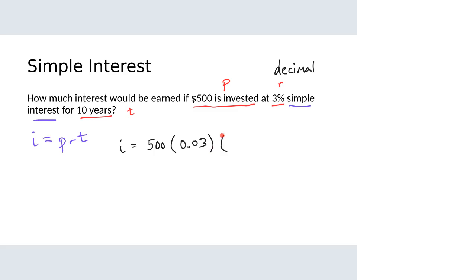And then time is 10 years. And now to finish this up, all we need to do is multiply those three numbers. We'll have 500 times 0.03 times 10. And the amount of simple interest that will be earned is $150.